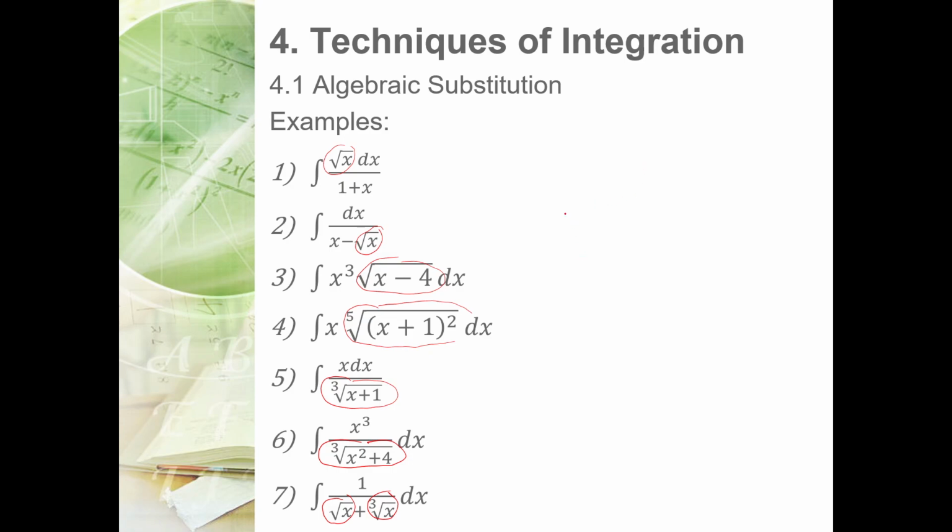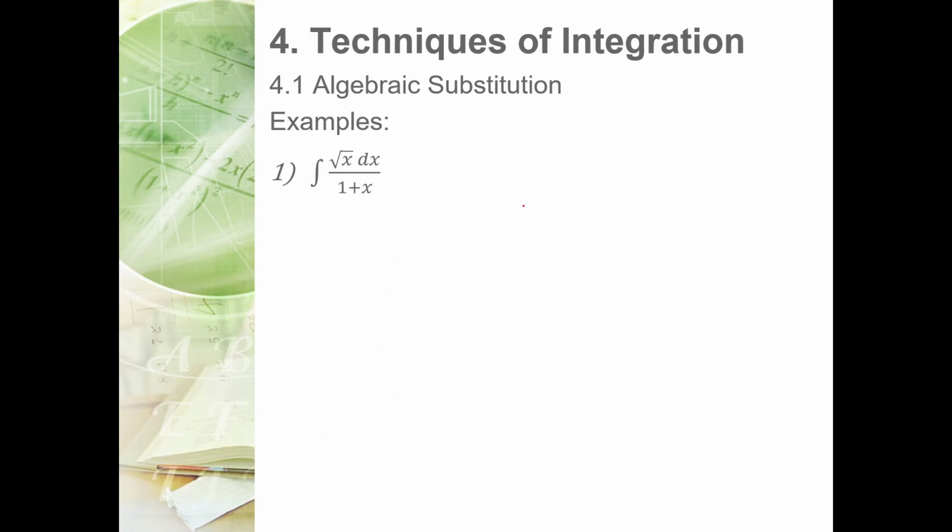Okay, so let's try the first example. Usually when we use algebraic substitution instead of u sub, it is now called the z sub, or you use the z parameter to replace the radical expression. So z is equal to square root of x.